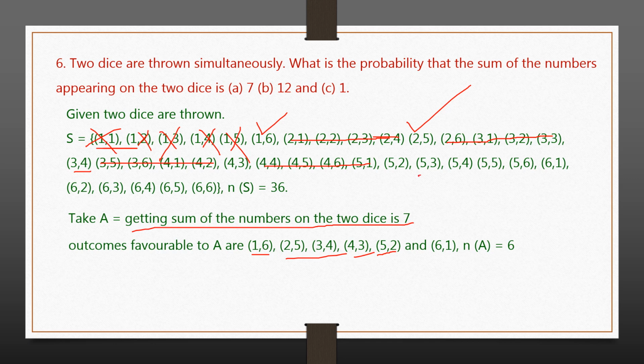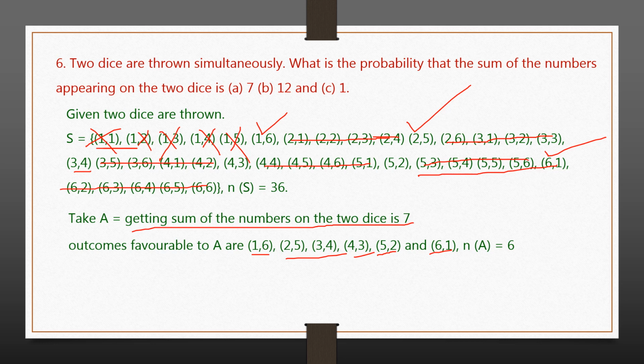Now similarly 5 3, 5 4, 5 5, 5 6 are not favorable because the sum is not 7, whereas 6 1 is favorable because the sum of two numbers, 6 plus 1, is 7. The remaining all are also not favorable to A as the sum of the numbers appearing on the two dice is not 7.